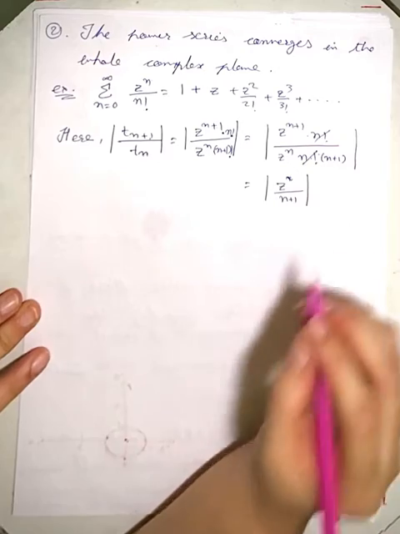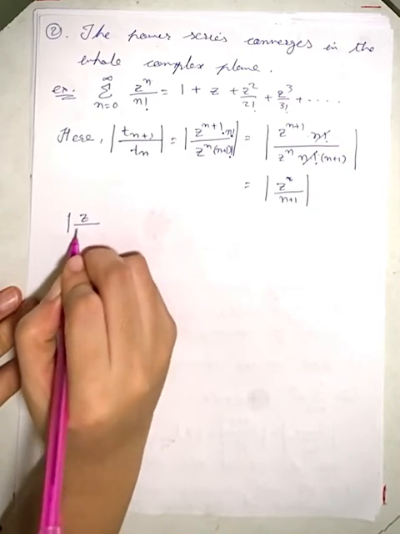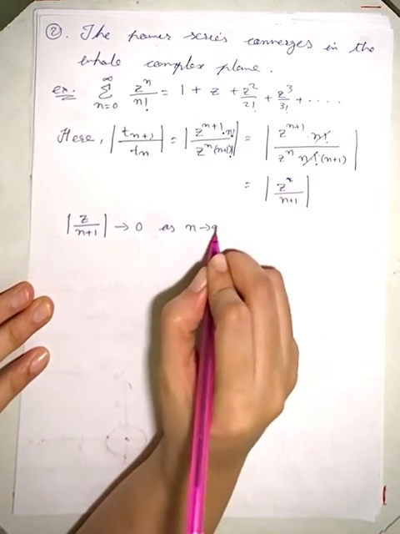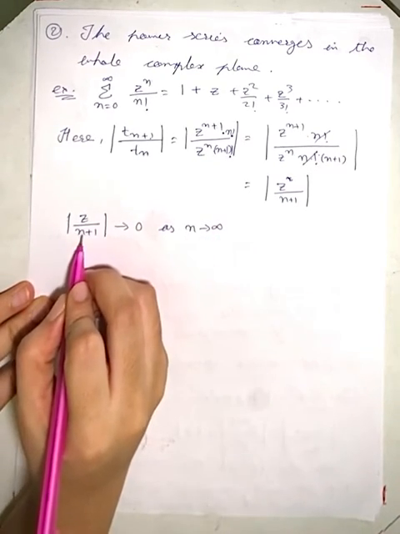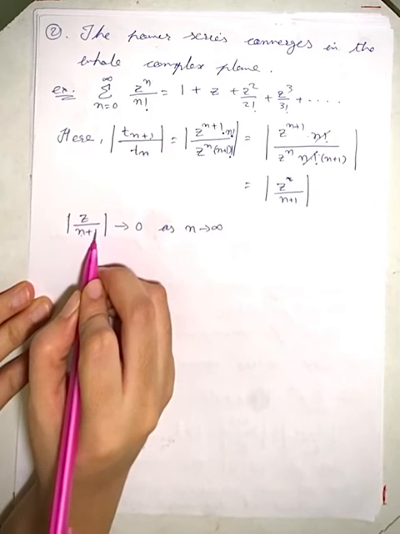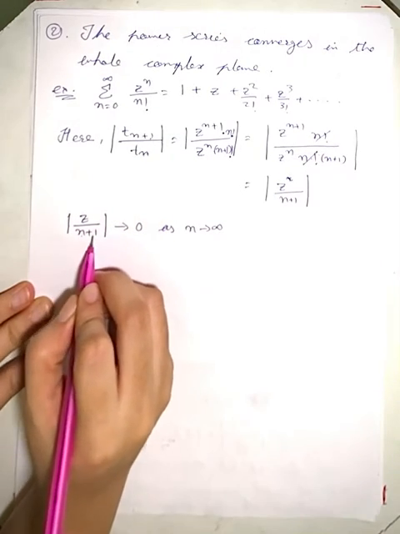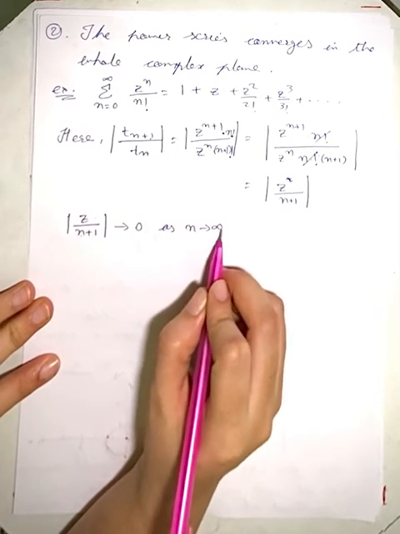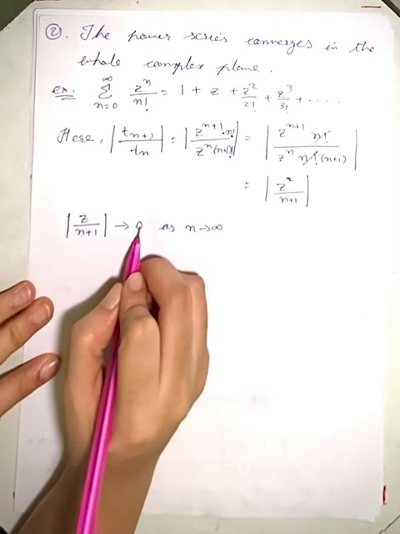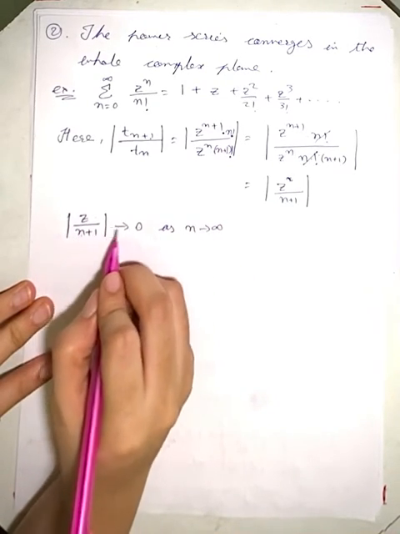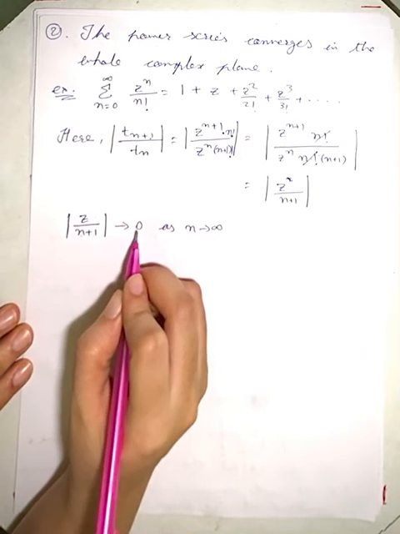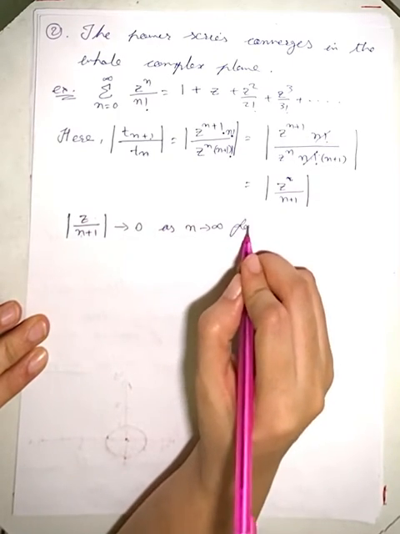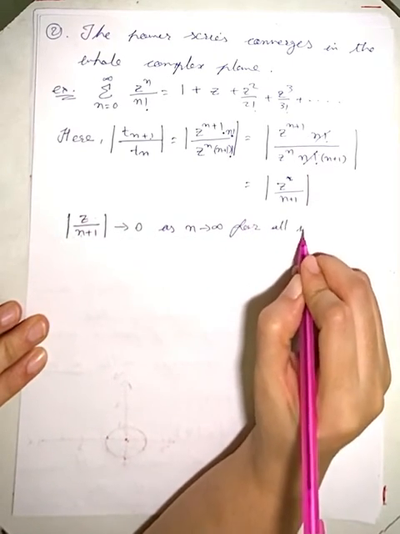Now z upon n plus 1 will tend to 0 as n tends to infinity, because the whole denominator is infinity, and 1 upon infinity is 0. When something tends to 0, the series will converge. This will happen for all values of z.